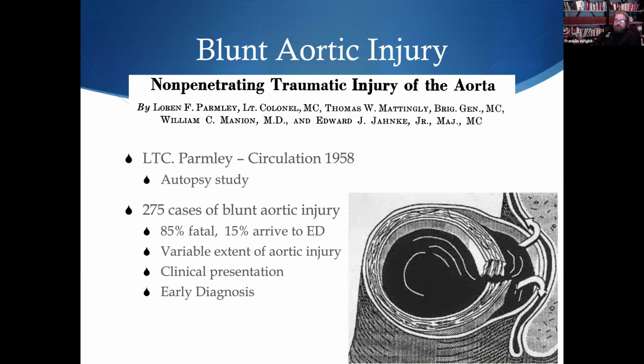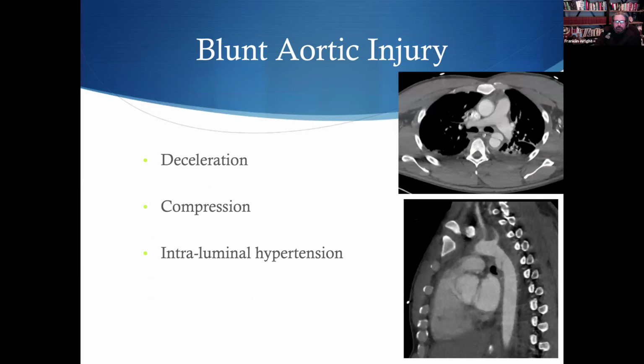A lot of these patients died in the field, and we actually think a decent percentage of people that are trauma arrested in the field are probably due to blunt aortic injuries. But not everyone dies, so 15% will show up with vital signs, and we'll talk about why blunt aortic injury happens and how we can be thoughtful about diagnosing this and dealing with it.